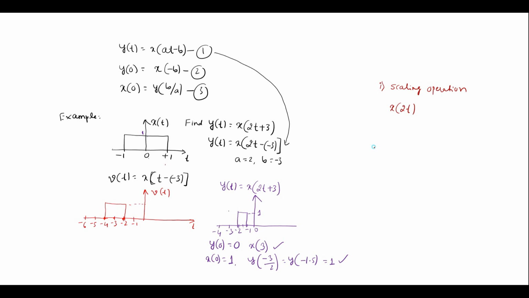Here I will draw the x of 2t signal. x of 2t is a compressed version of x of t by factor 2. So this will be 0, this will be 1 by 2 because it is compressed by 2, and this will be -1 by 2. Now we'll perform the shifting operation.